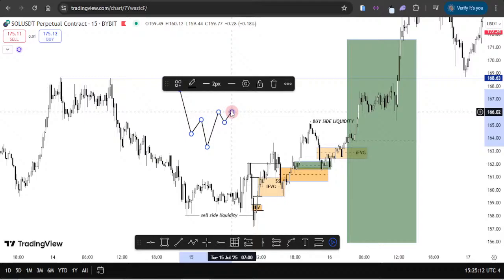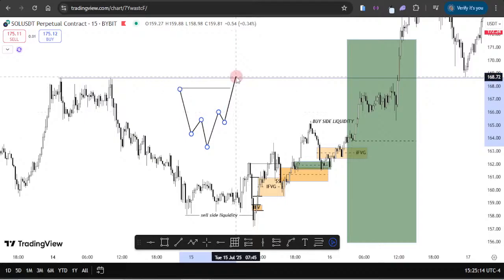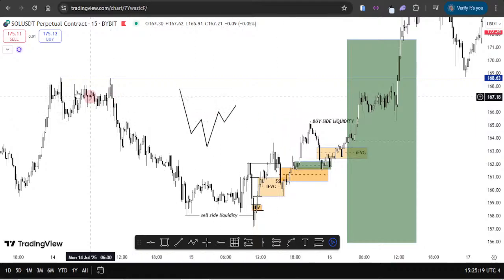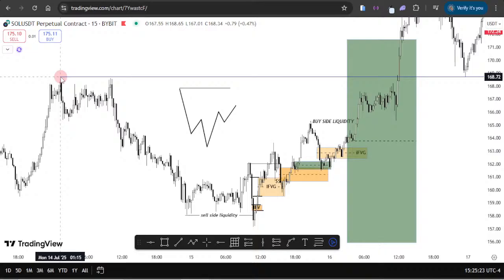No liquidity has been swept, so it is a kind of an open high, just like you will see here. This high was the highest high, so it is safe to say that this whole structure and this structure is the same thing. So relative equal high here.